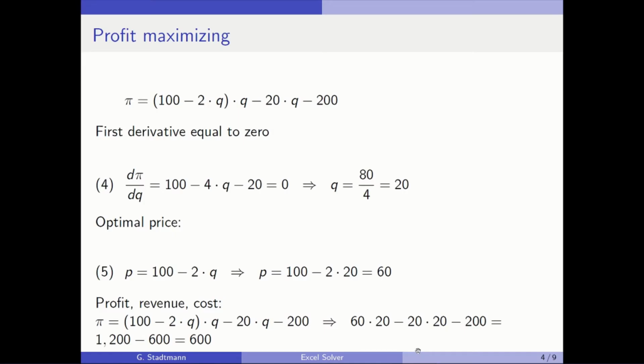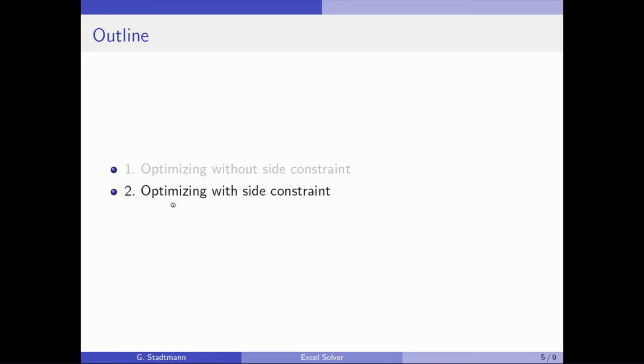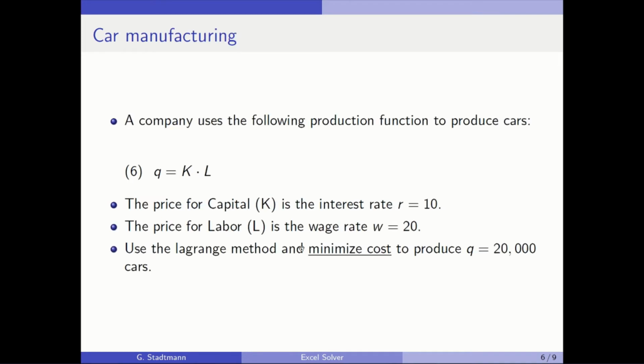Let's have a look at the second problem. So let's try to talk about optimization with a side constraint. And there the outline is as follows. A company uses the following production function to produce cars. This is the production function Q is equal to K times L. The price for 1 unit of capital is the interest rate, and we assume that the interest rate is equal to 10.